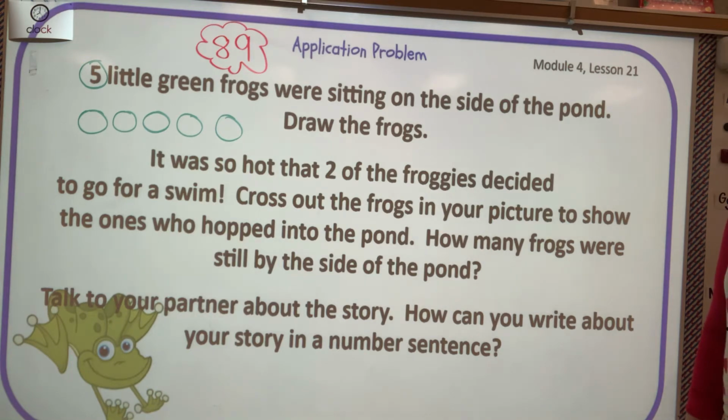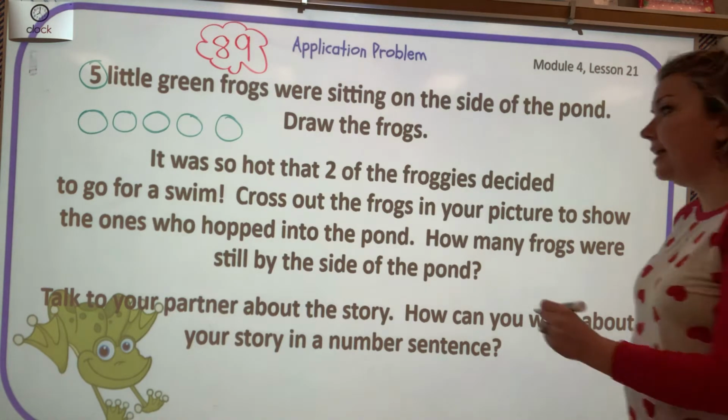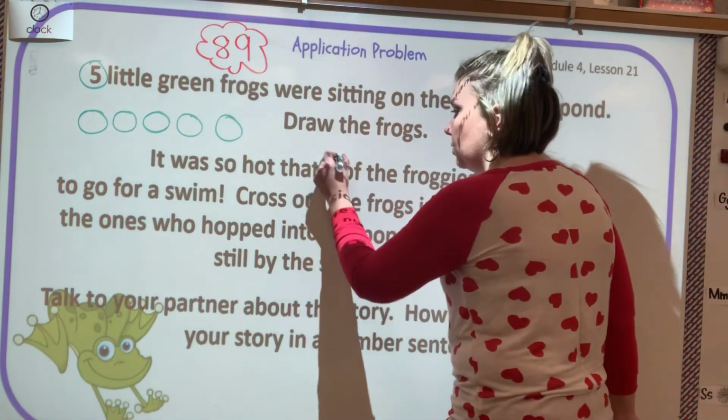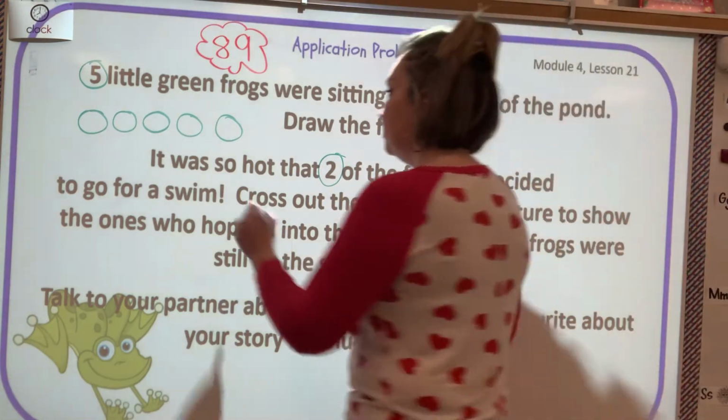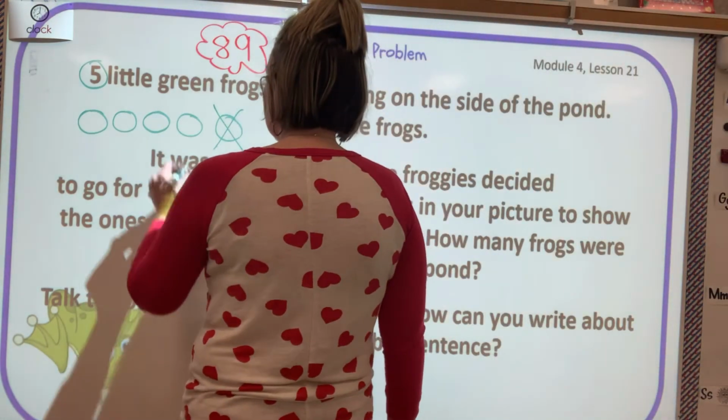It was so hot that 2 of the froggies decided to go for a swim. Cross out the frogs in your picture to show the ones who hopped into the pond. So I'm going to cross out 2.